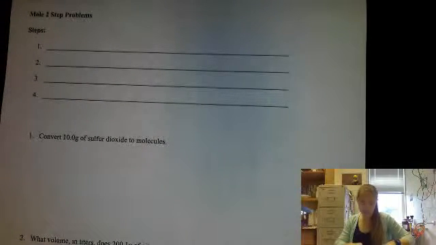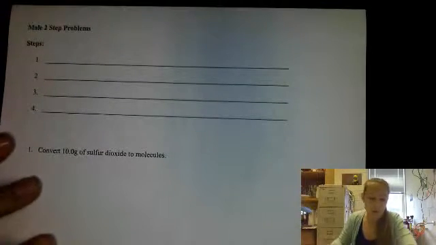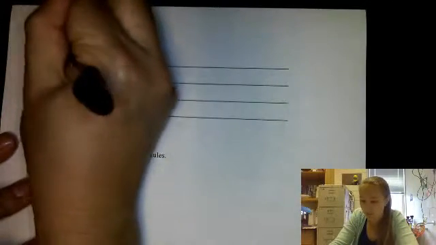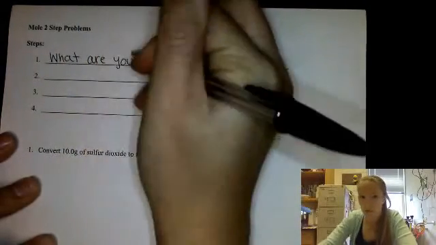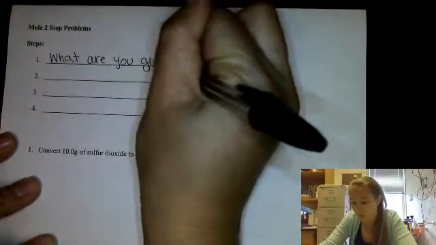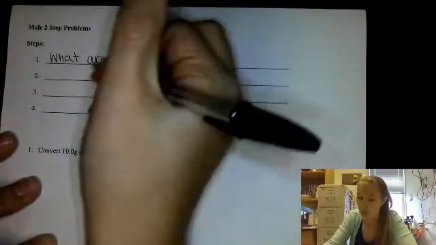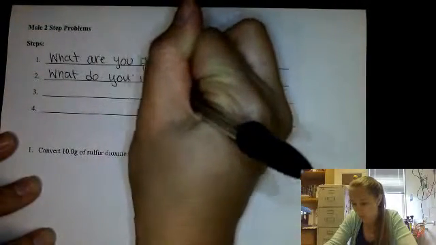So when I do these, I always follow the same steps, so that way I don't make mistakes. I first want to ask myself, what am I given? And that's always a number. And then what are you trying to find?